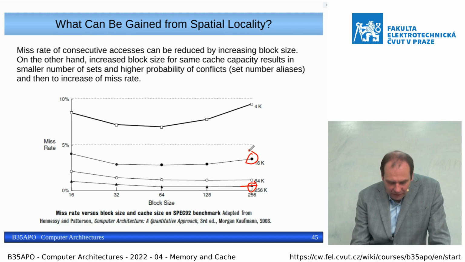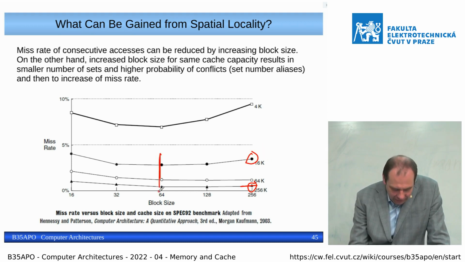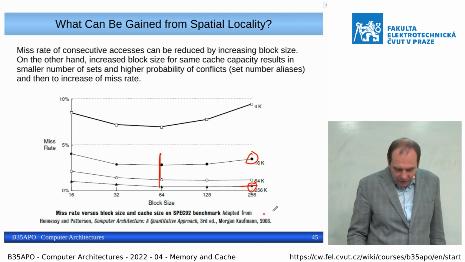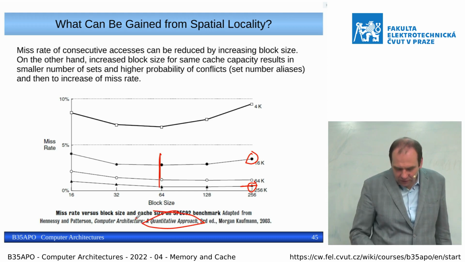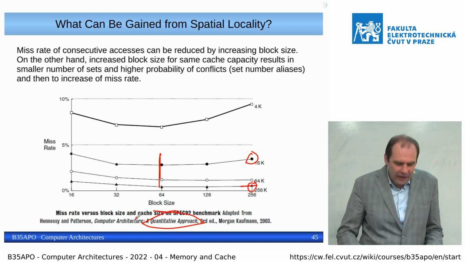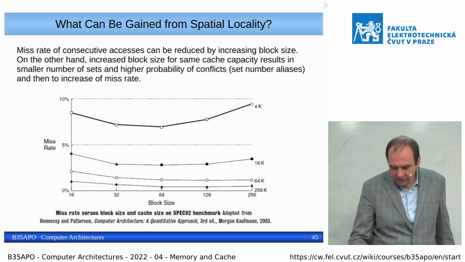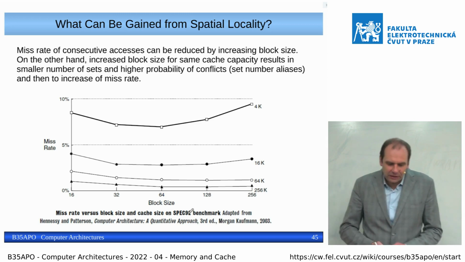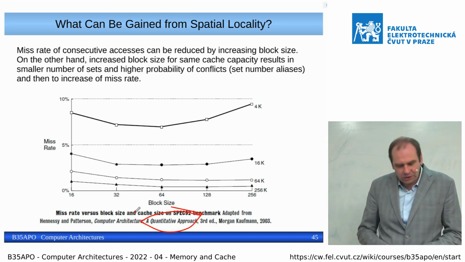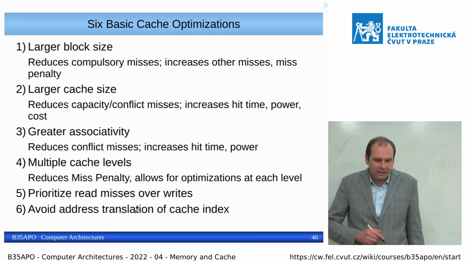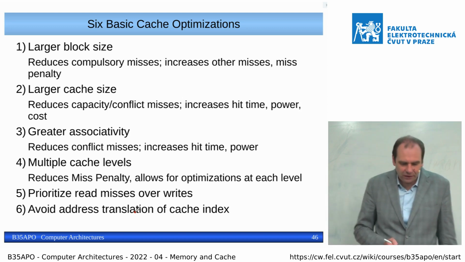So basically they decided to go with something like 16 KB and a block size of 64 bytes. And again, this is a slide and measurement from that advanced book. You should use the standard book, Hardware Software Interface, but that Quantitative Approach was a relatively revolutionary book on how to analyze these things, processors and so on.